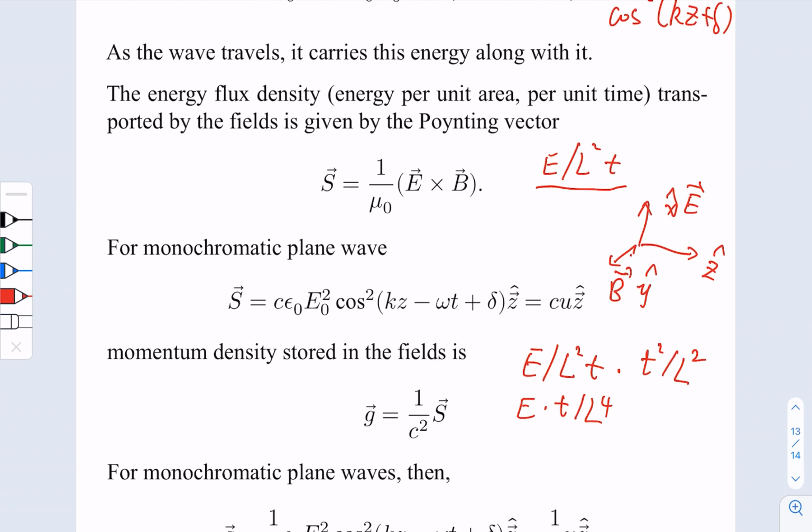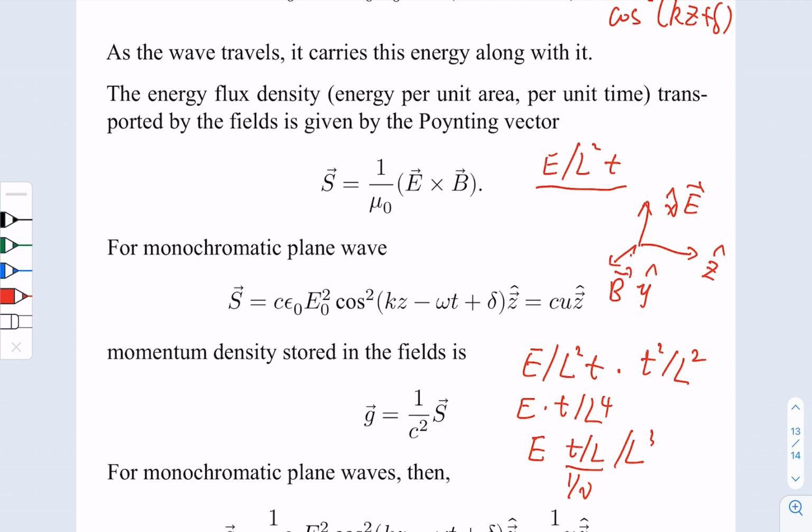Now we can separate these terms into t over L and L divided by L cubed. The t over L is 1 over velocity, and energy divided by velocity gives us momentum.